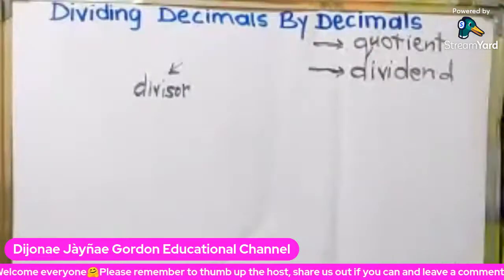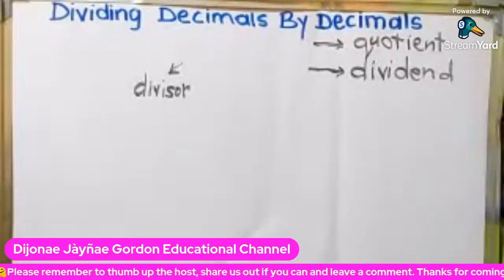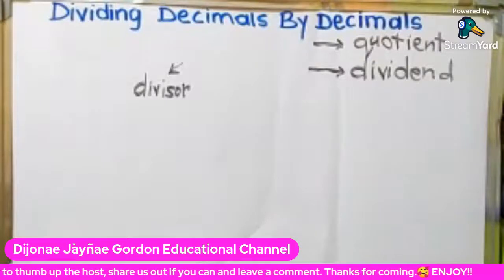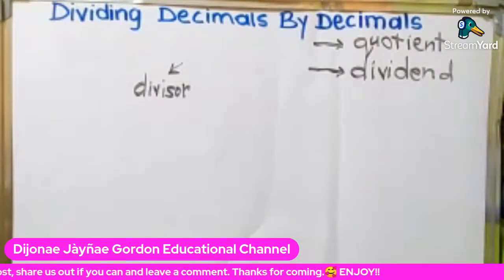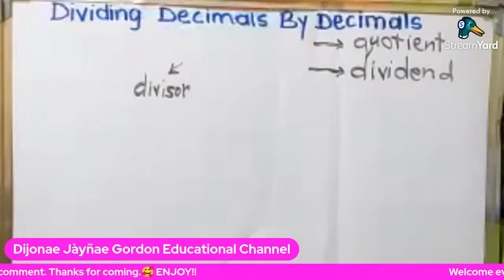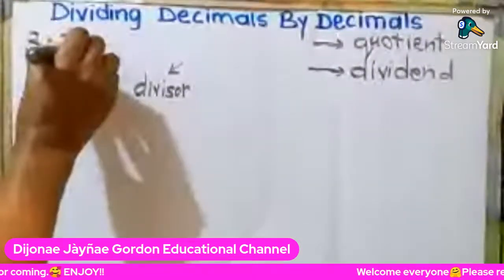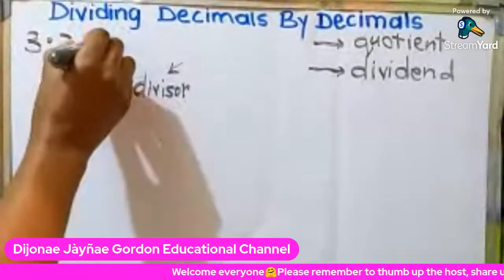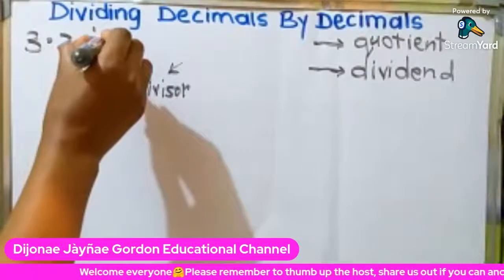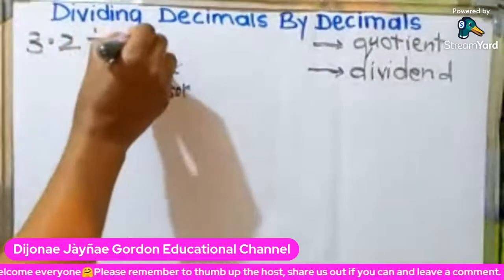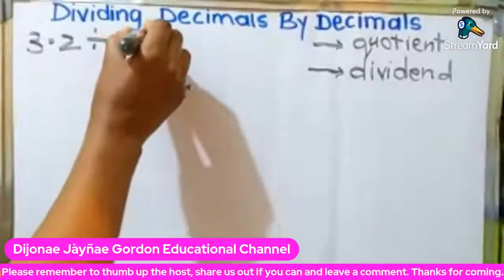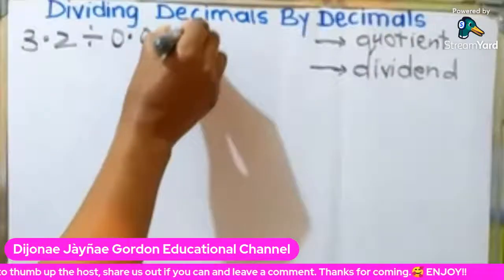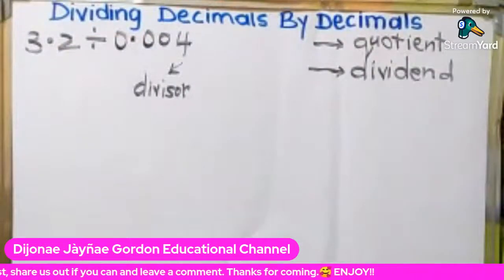Problem number 2 is that we have 3.2, and of course, we are dividing by 0.004. All right, so that's what we're dividing by.